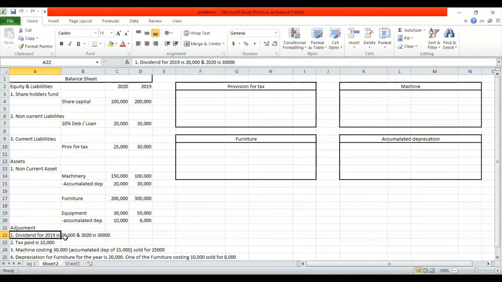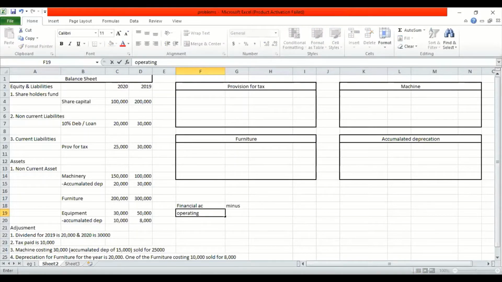Dividend is the amount paid to the equity shareholder. So first, under financing activity, you will minus this figure. And it is a loss for a business, so in the operating activity, you will plus it. These are the two effects for dividend paid. So whenever it is mentioned in the adjustment, you should only take the previous year figure, that is 20,000, and give two effects.